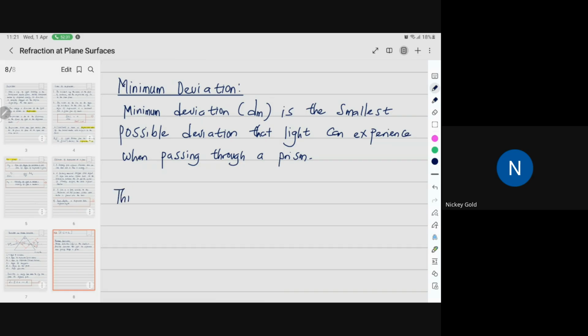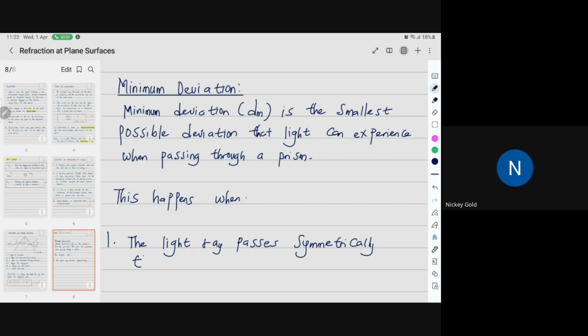This happens when, number one, the light ray passes, please take note of this statement, passes symmetrically through the prism.